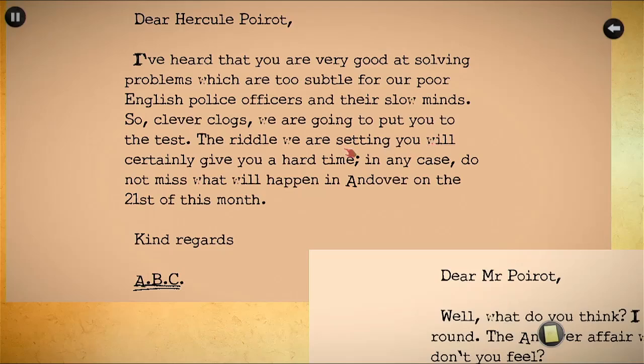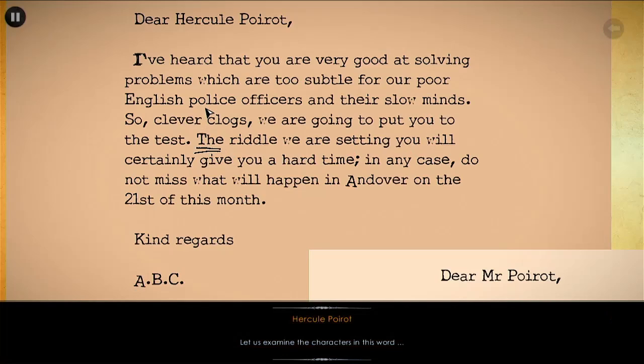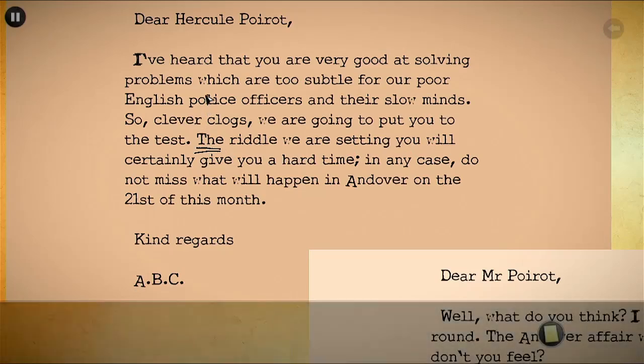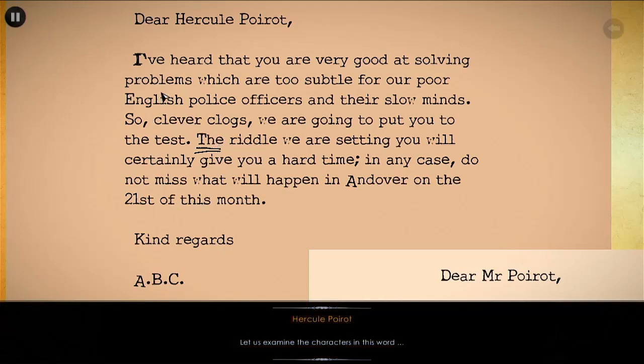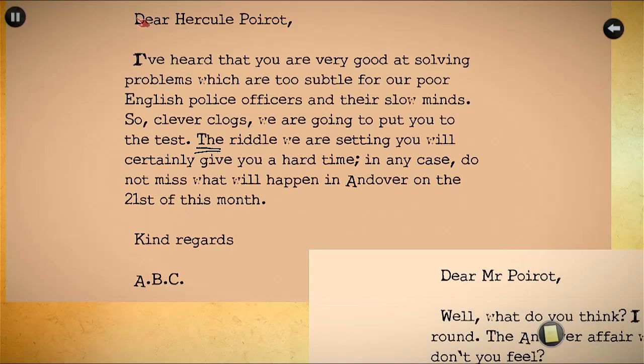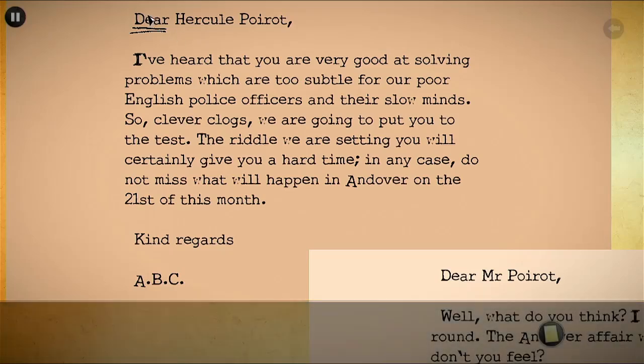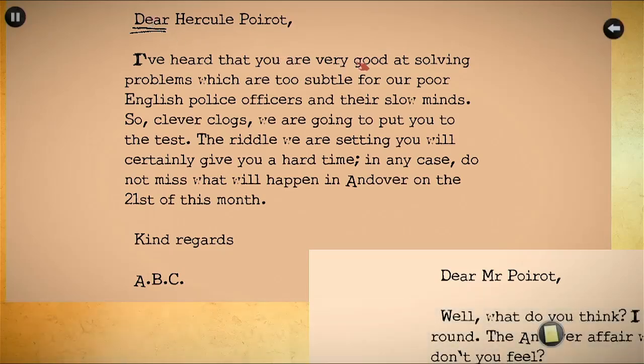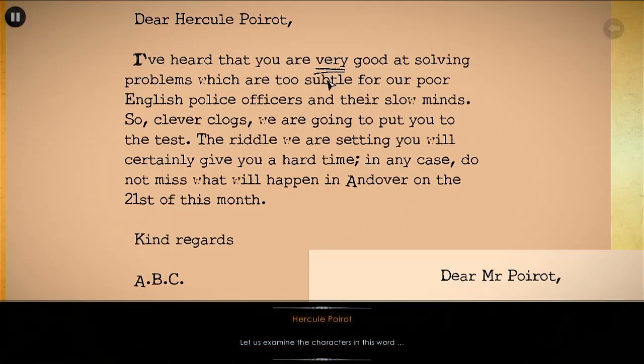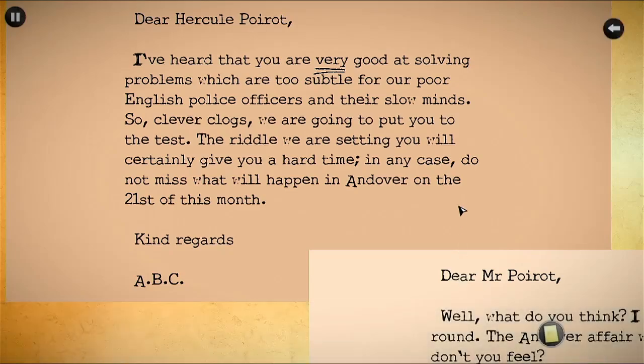Anything else we need to pick up on here? Let us examine the characters in this word. That is a little all over the place as well. Okay, let's go out.